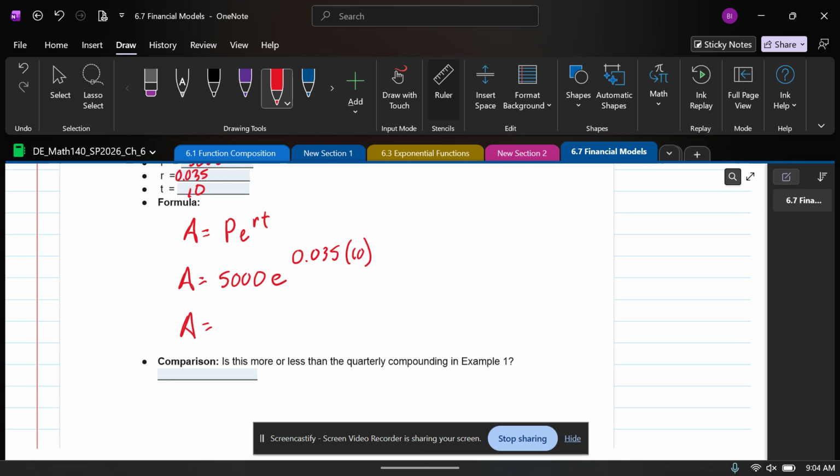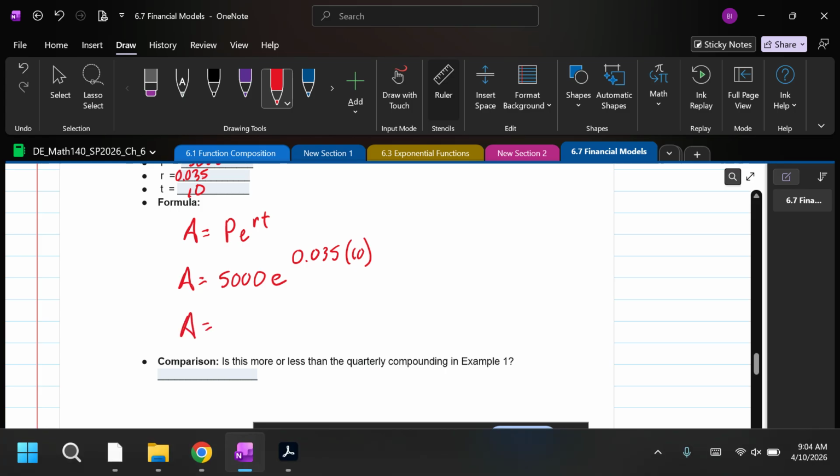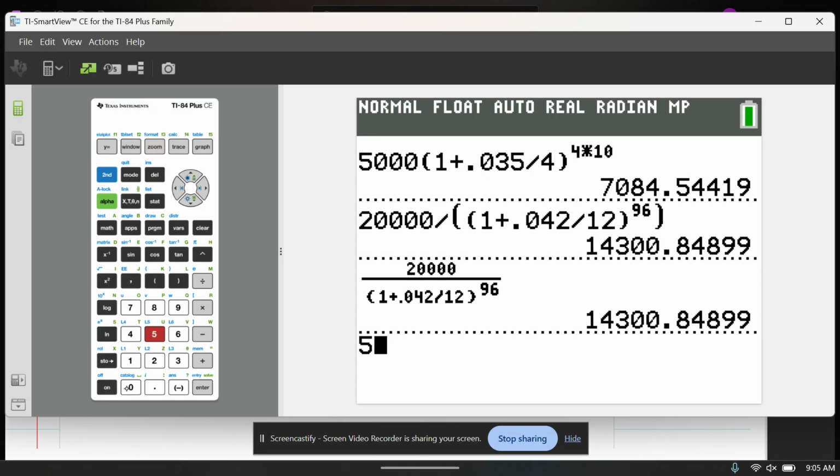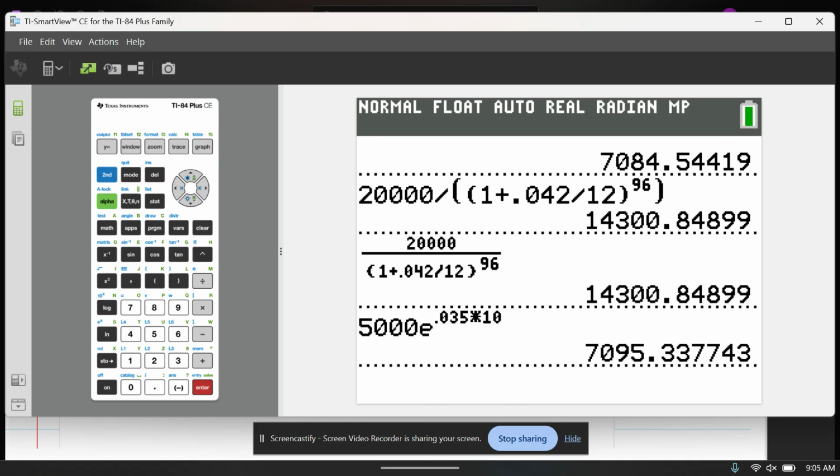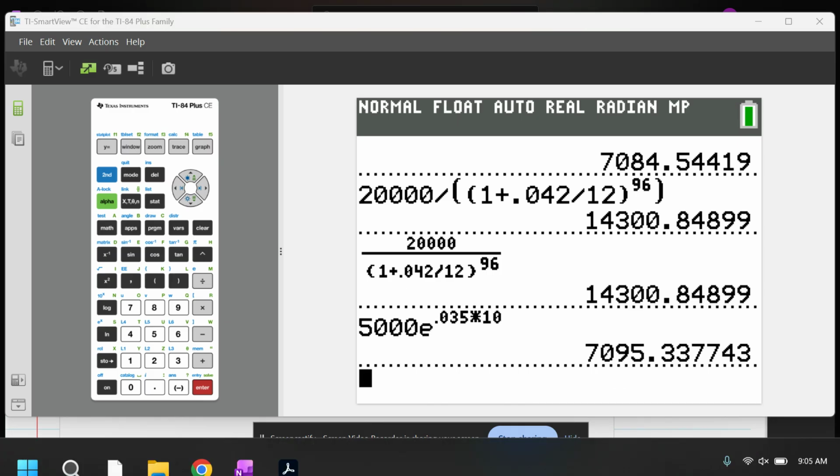That's going to get us the future value or the account worth after that. So we're going to put in 5,000. To get the E, you hit second natural log. 0.035 times 10. So $7,095.34.